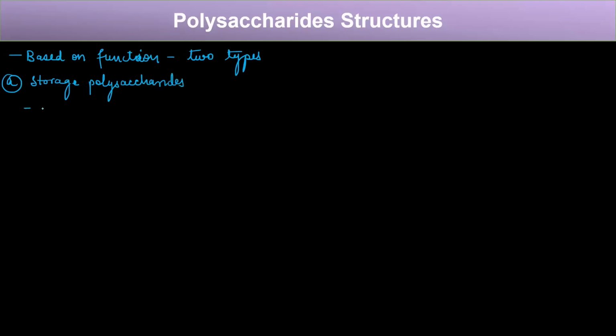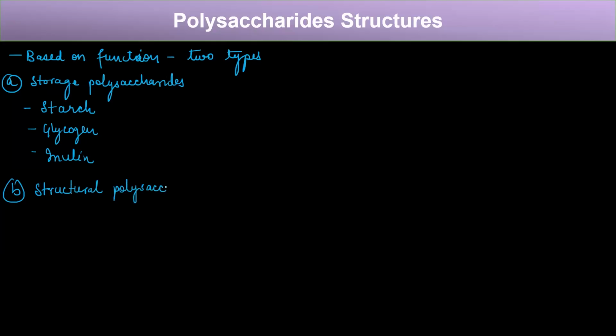The examples are starch, glycogen, and inulin. And the second is structural polysaccharides. There are multiple examples, but the major ones are cellulose, chitin, and peptidoglycan.